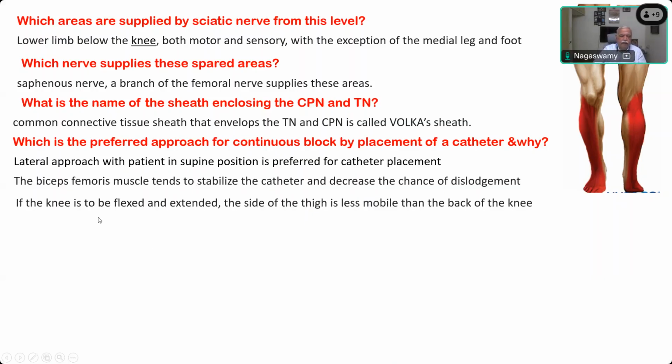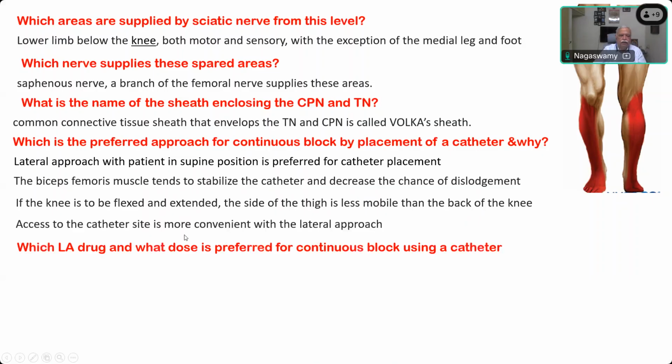The second thing is the knee is flexed and extended. The side of the thigh is less mobile, and so the catheter will be more stable in the lateral approach. The access to the catheter is more convenient in the lateral approach than in the posterior approach. Which LA drug and what dose is preferred for continuous block using a catheter?